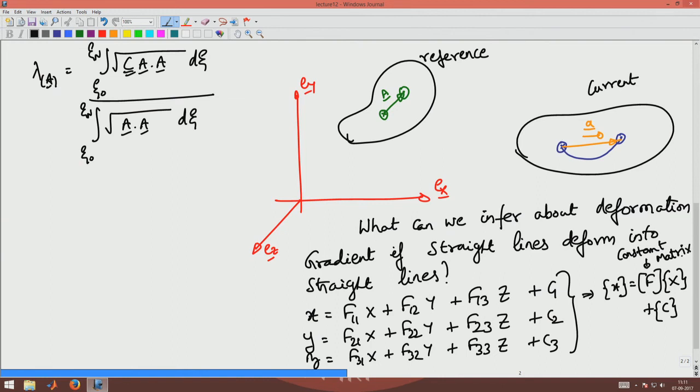Okay. Now, this is the general mapping which will take a straight line to a straight line. Okay.